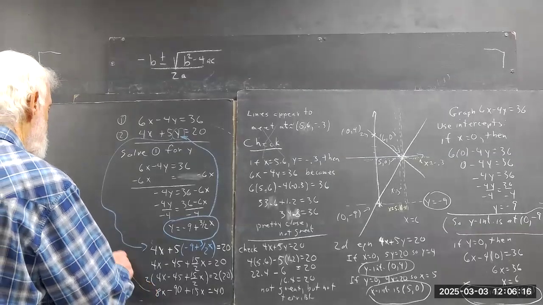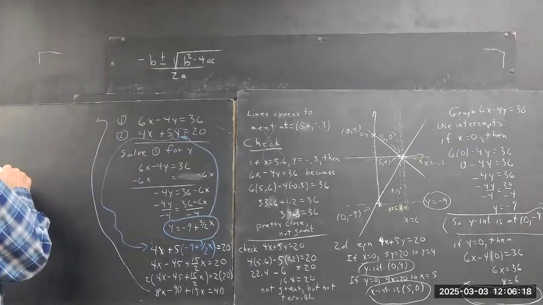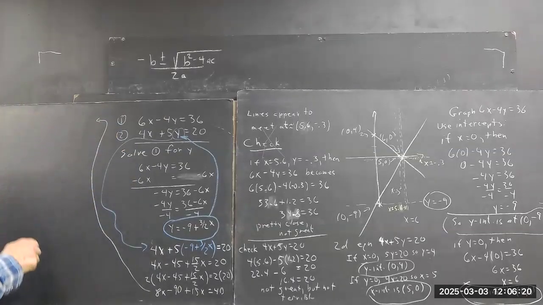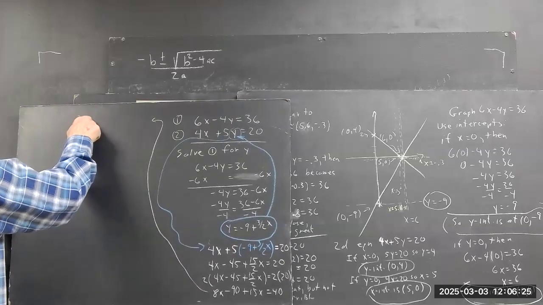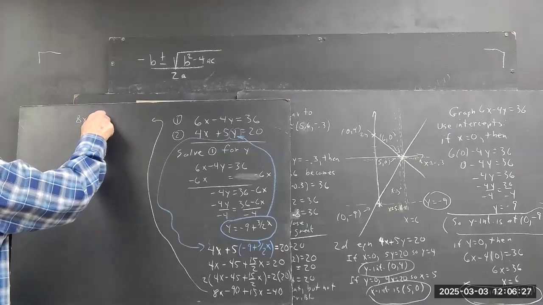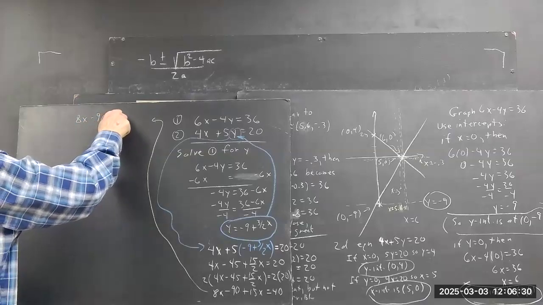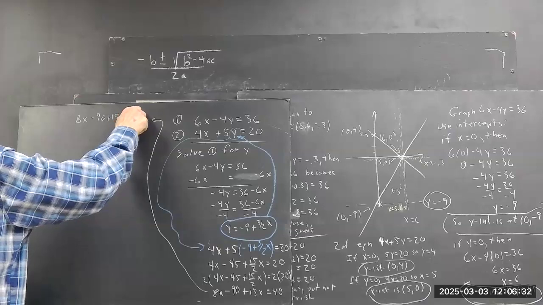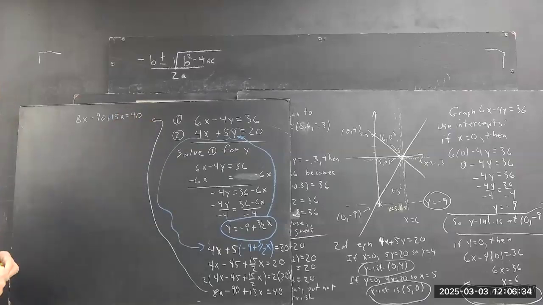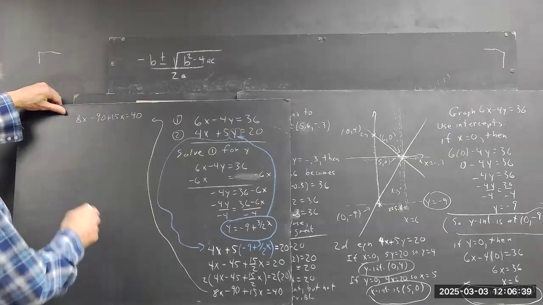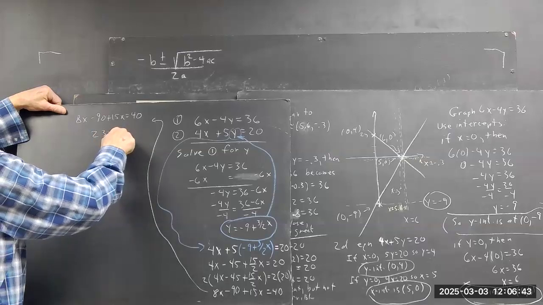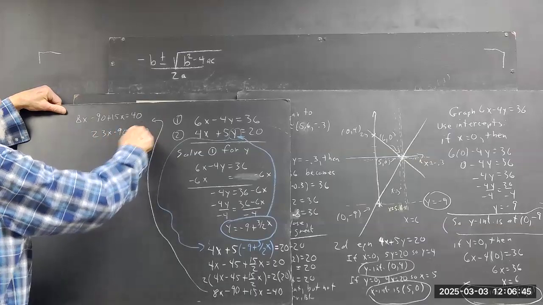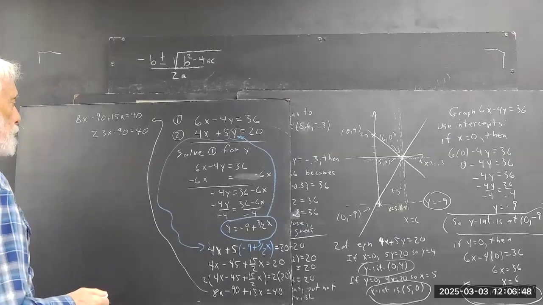So I go ahead and bring this up here, rewrite it just so we can see it clearly. 8x minus 90 plus 15x equals 40. Make sure that's on screen. Yeah, we're good. Okay. Well, 8x and 15x is 23x. 23x minus 90 equals 40.